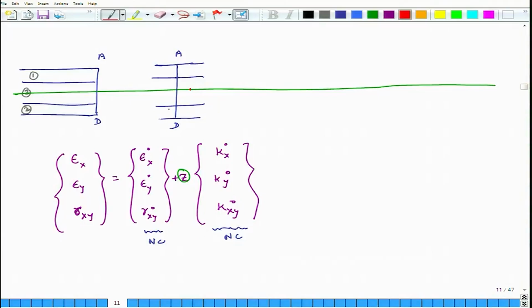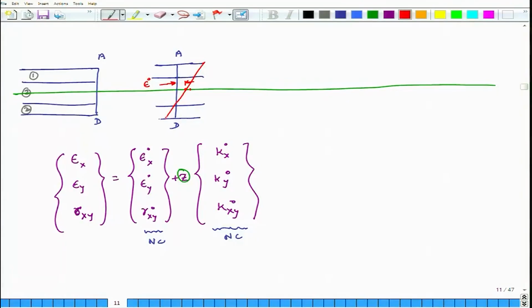So, it will be just a straight line. The overall line may be something like this, where this represents the mid plane strain.